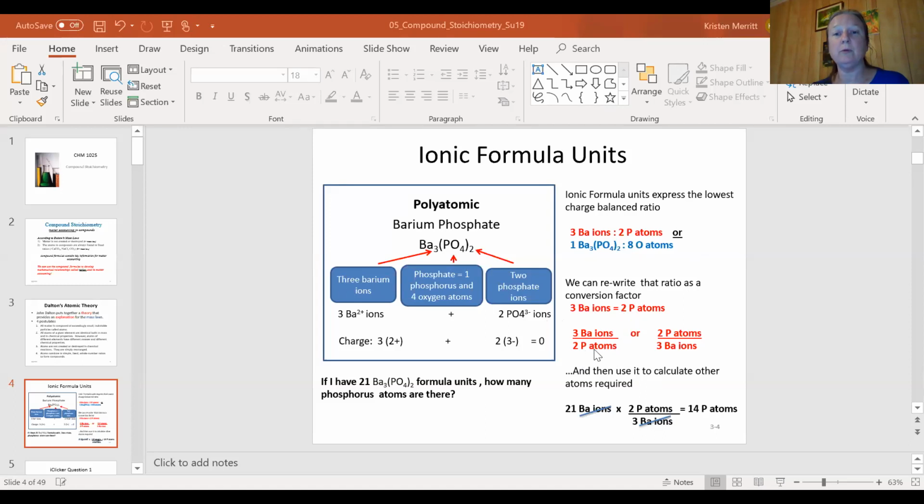So there are two phosphorus atoms in this compound. There are 8 oxygen. You have 4 per phosphate group, and you have 2 phosphate groups. So you have 2 times 4. So this subscript has to be multiplied times everything inside the parentheses. So we have 2 phosphorus atoms and 8 oxygen atoms per compound of barium phosphate.